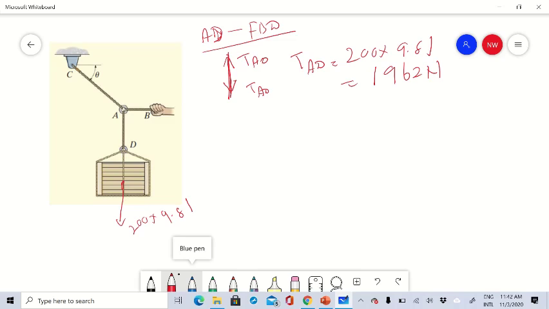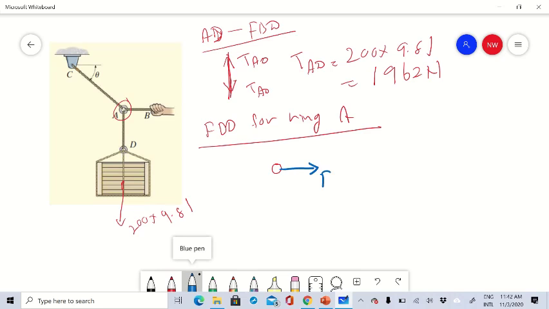Now we draw the free body diagram for the ring at A. First you should remove all the supports, all these cables. So we have this ring A, and there is a tension in the AB direction, which we write as FAB.